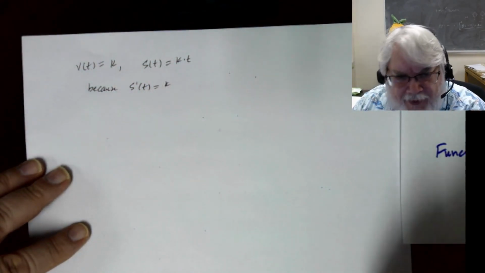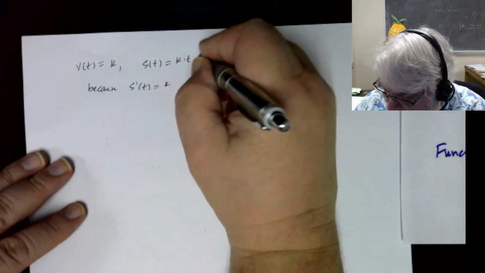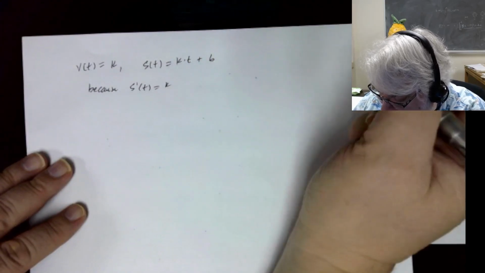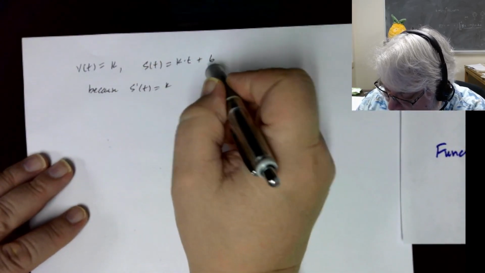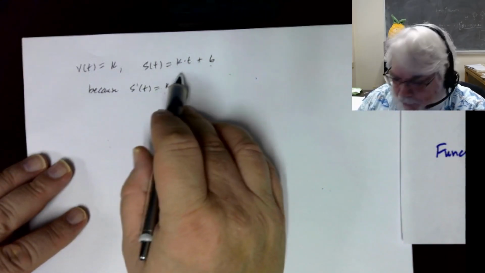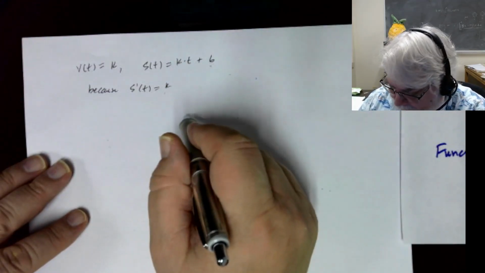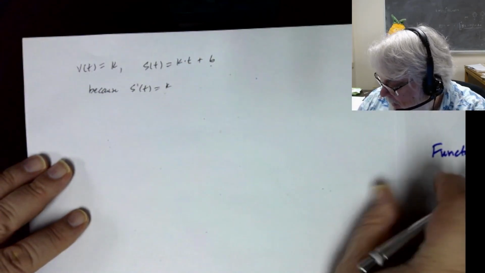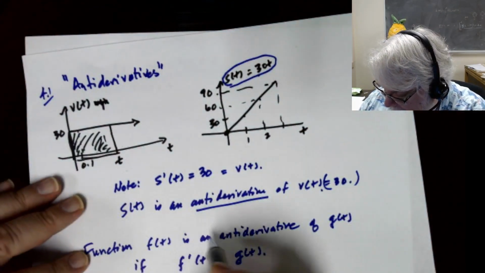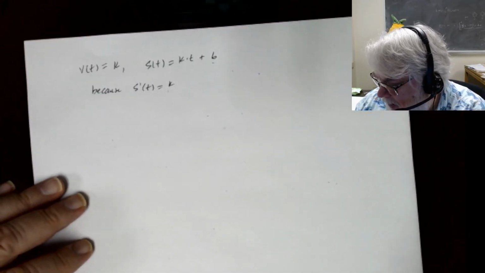Of course, you might say, well, that's not the only function whose derivative is k. You could add another constant onto the end there, and the derivative would still be k, because the derivative of any line is going to be its slope, so the intercept could be anything. So our antiderivatives aren't going to be uniquely defined that way.